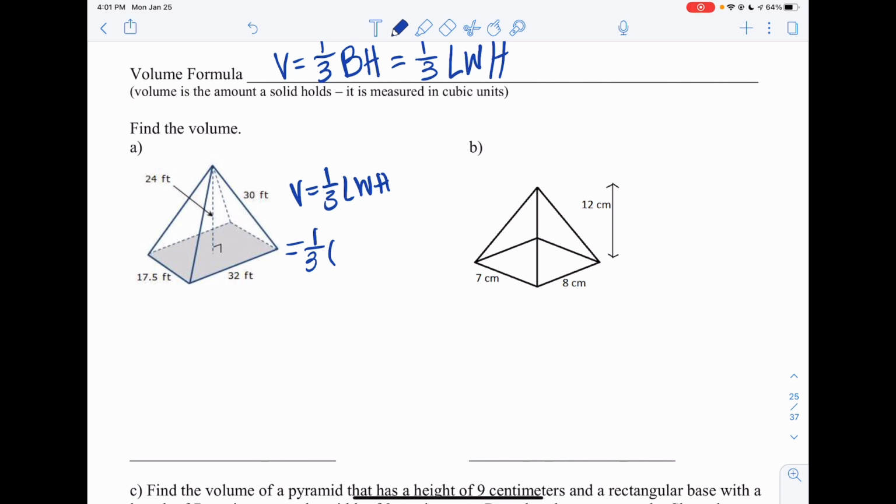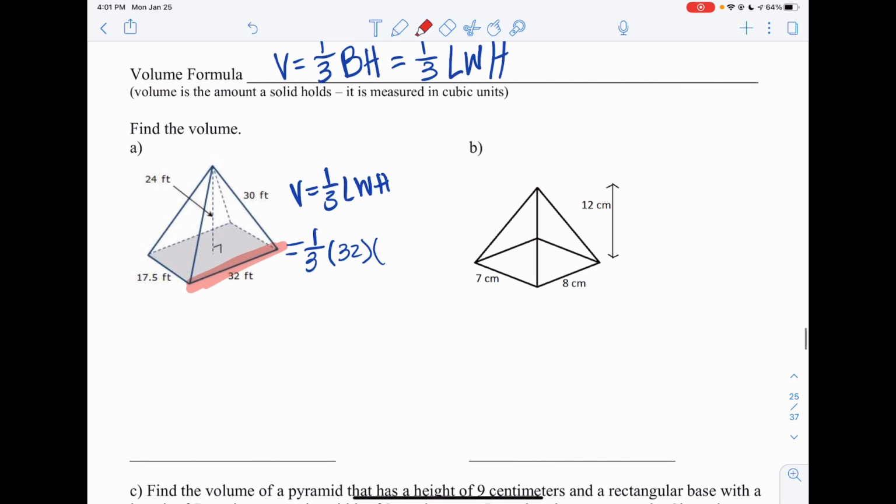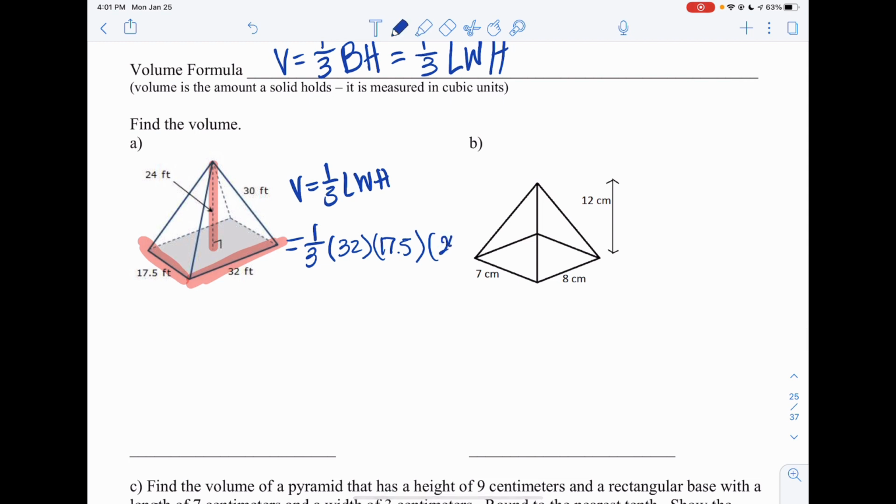Okay, and I'm going to look at the length of the base of my pyramid, which is 32 right here. So I'm going to plug in 32. Okay, then I'm going to look at the width, which is 17.5. And then the height, which is from the middle of that rectangle all the way to the apex, which is 24.